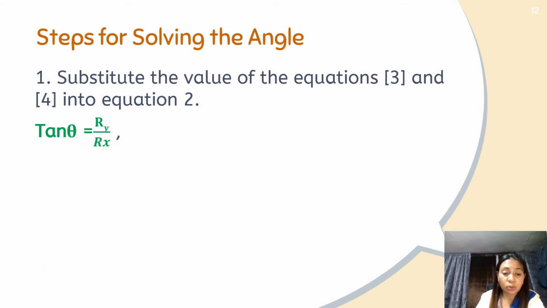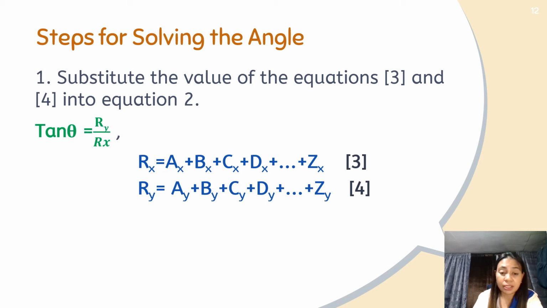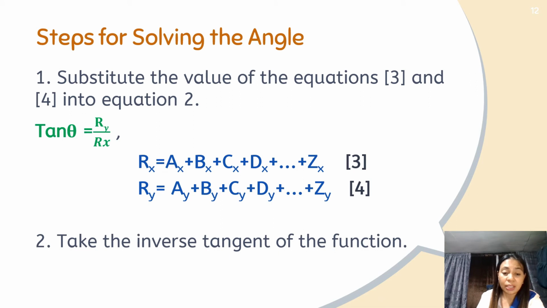This is your equation 2. Your tangent theta is Ry over Rx, where Ry is equivalent to Ay plus By plus Cy and so on, and your Rx is Ax plus Bx plus Cx and so on. Then take the inverse tangent of the function.